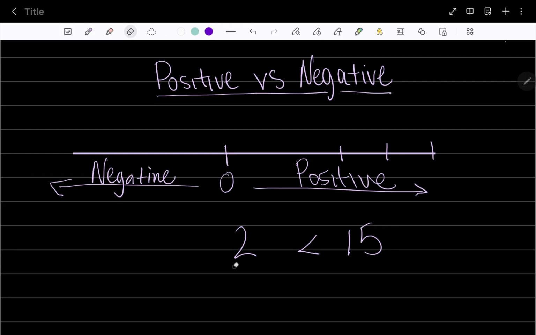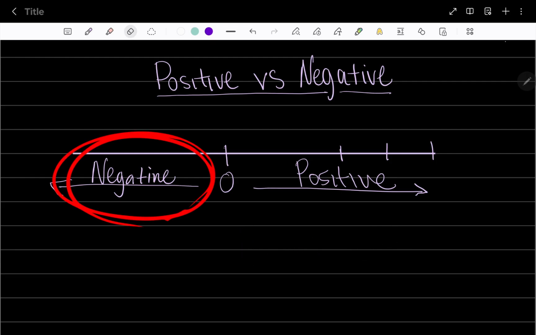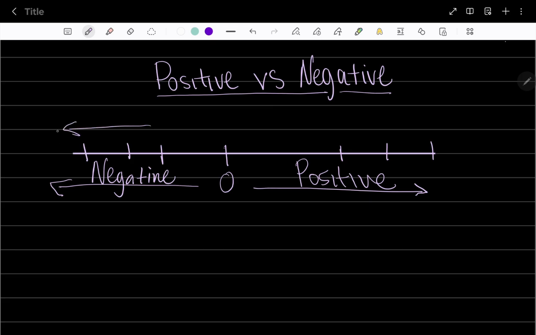Now, if we were to look at negative numbers, it is different. With negative numbers, the more that you go to the left, as you're moving left, the smaller the quantity is.